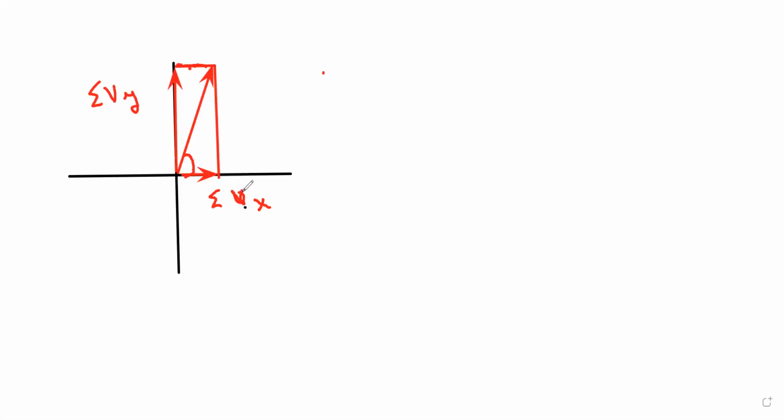So we got this guy, the summation of the vectors in the x direction was 1.06 meters per second, and this guy over here, the summation of the vectors in the y direction was 3.18 meters per second.